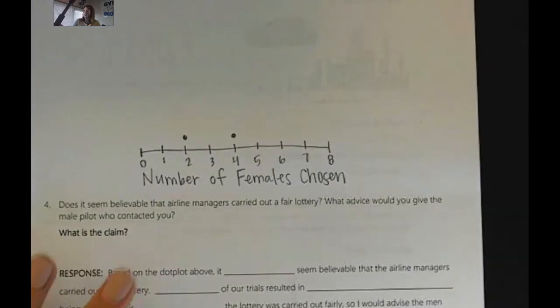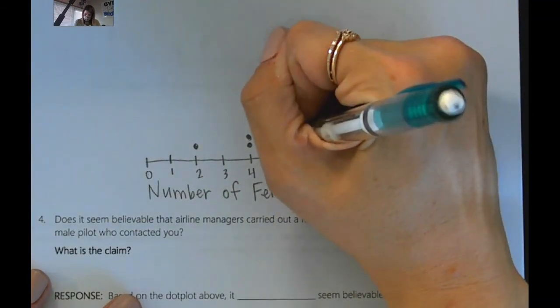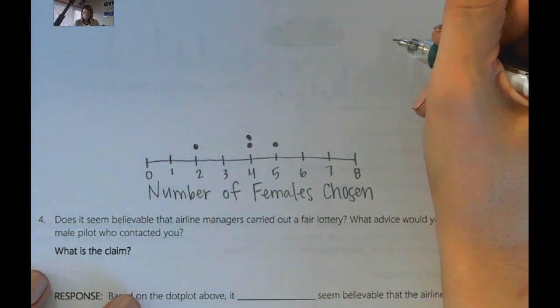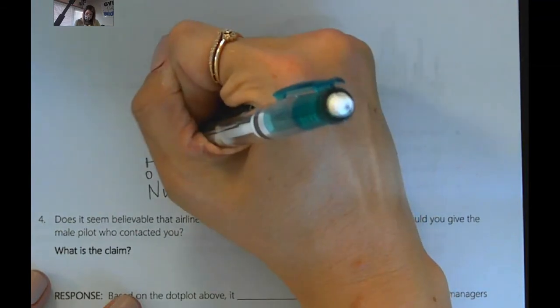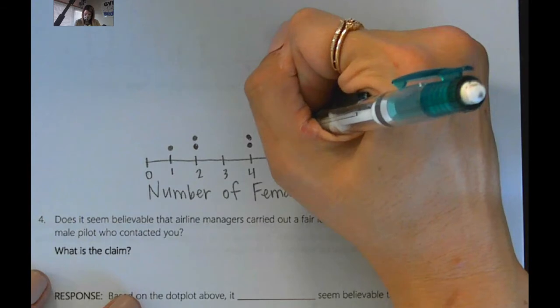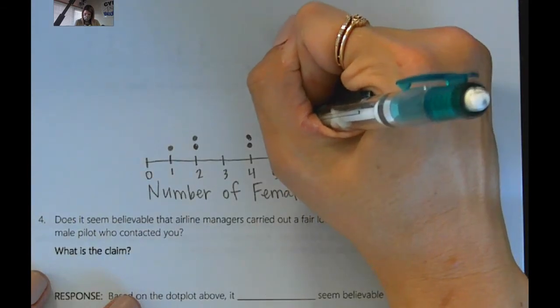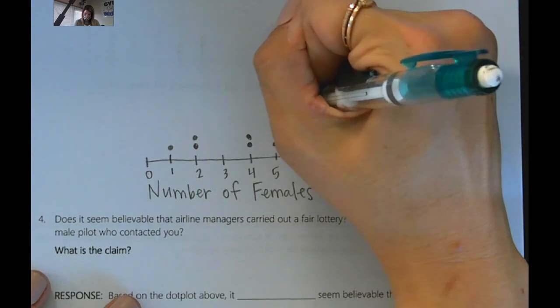Okay, Cheyenne. 4, 5. Amy. 2, 1. Priscilla. 5 and 5. Bryn. 5 and 5.